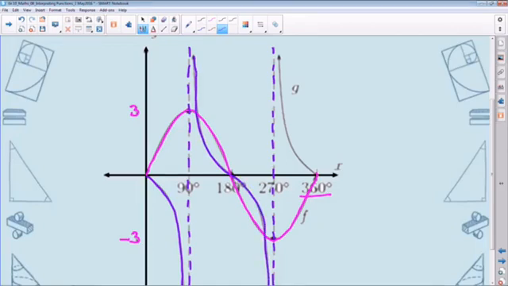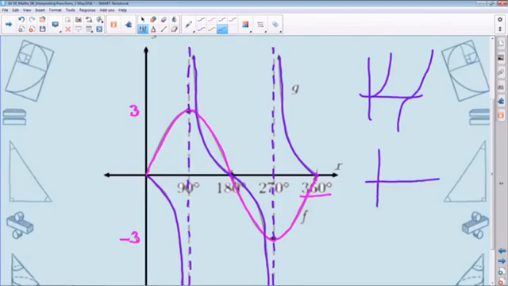But it does have a different shape, doesn't it? Because the normal tan function would start at 0 and then go up. And this one seems to be going down. We're going to have to think about this one, aren't we? Well, that was a rubbish graph, but you get the general idea.